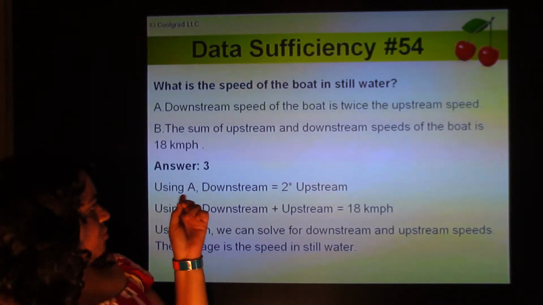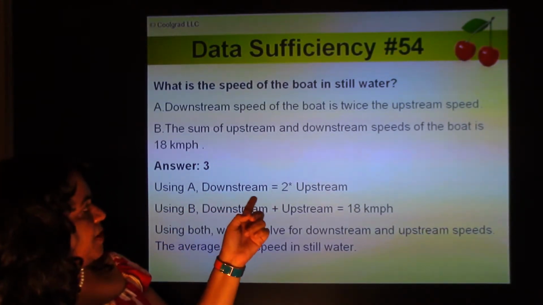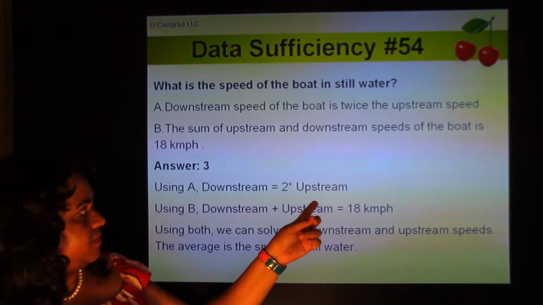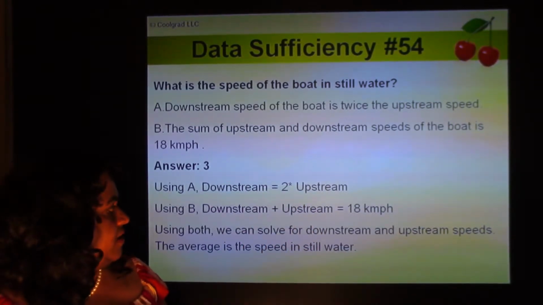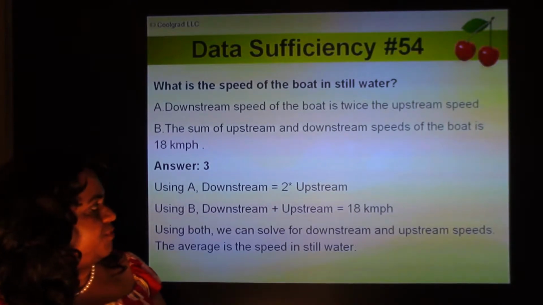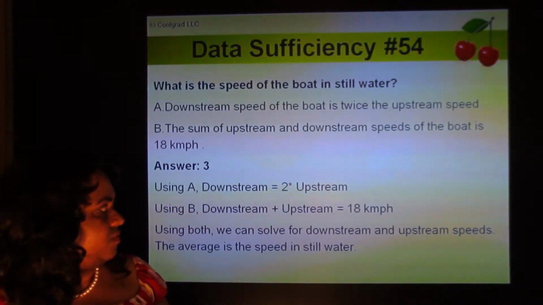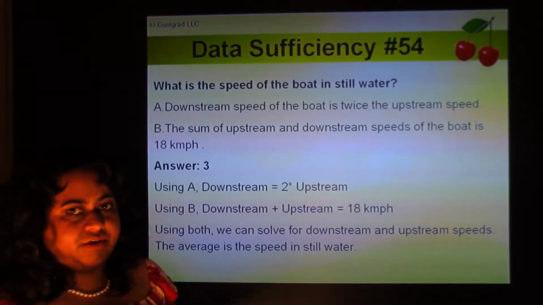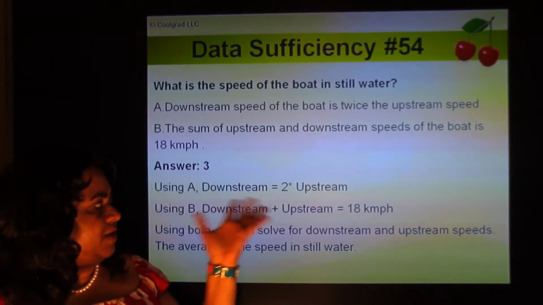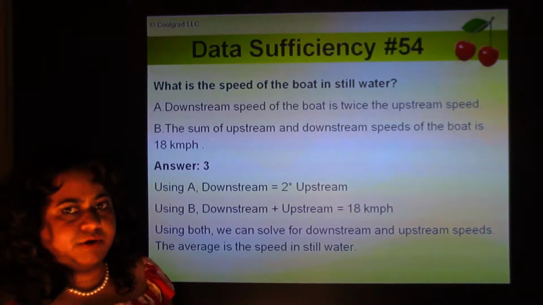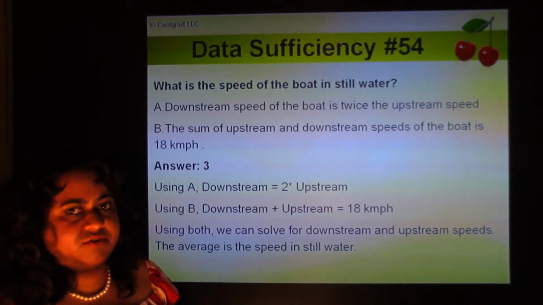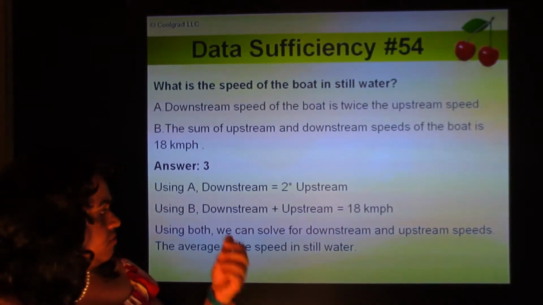So using statement A, downstream speed is twice the upstream speed, but we still don't know the speed in still water, right? If the speed of the boat in still water is x, and the resistance is r, then x plus r is twice x minus r. That's what it's trying to say. But you can have multiple values of x and r, so you can't have a unique solution.